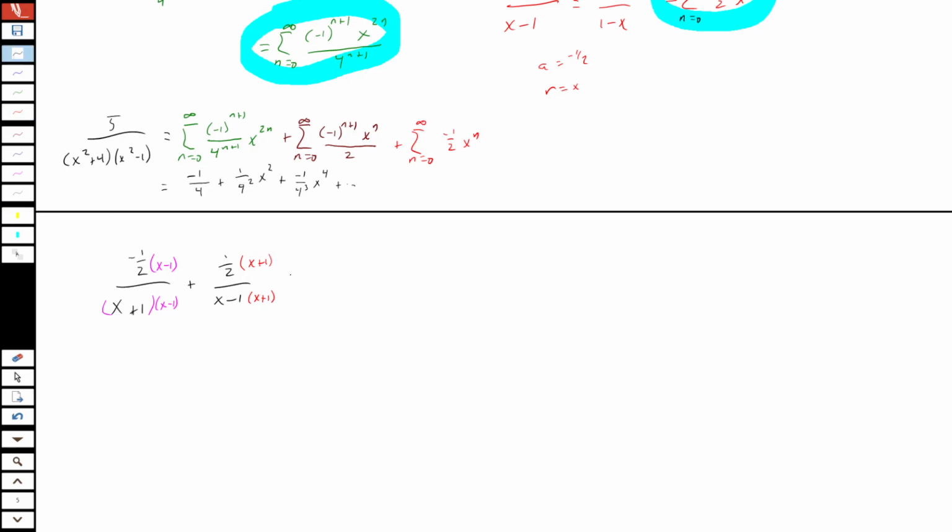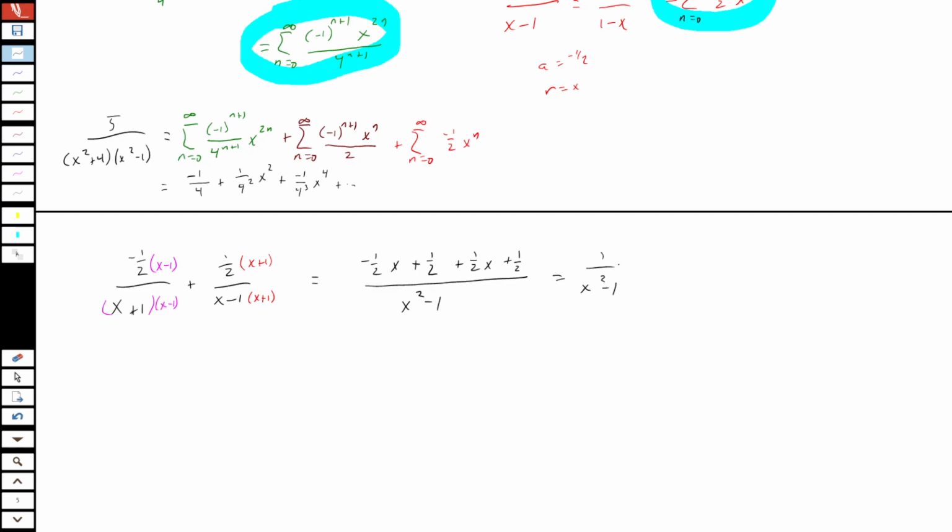So then I have negative half x plus a half, and then a half x plus a half over x squared minus 1. The x's cancel, the halves add up, so I get 1 over x squared minus 1.